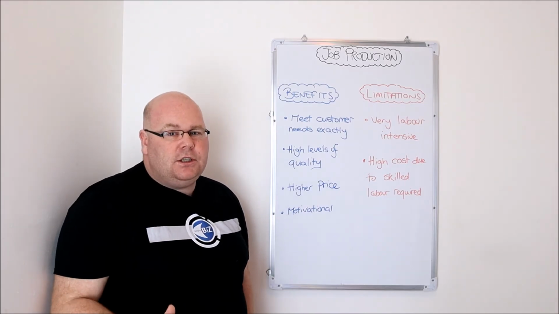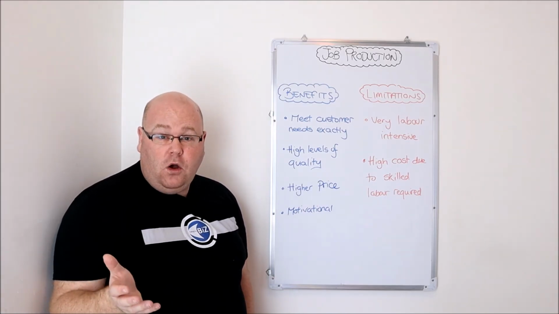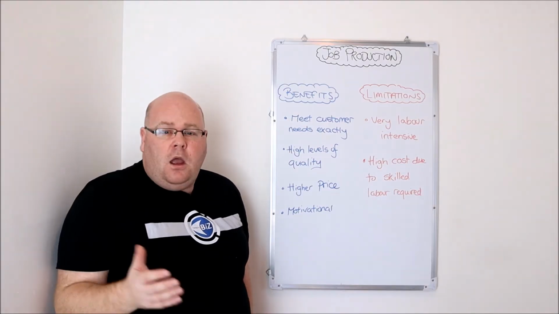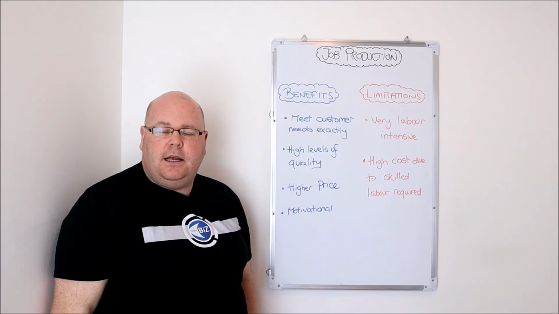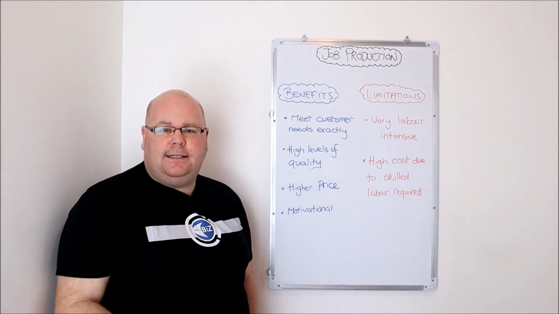Now, another issue that's associated with job production and the costs of using this production method are the HR costs associated with the labour that we might need in order to make this method successful.